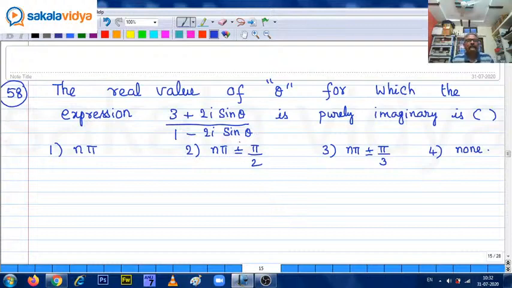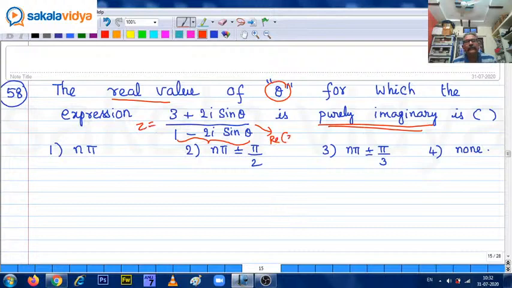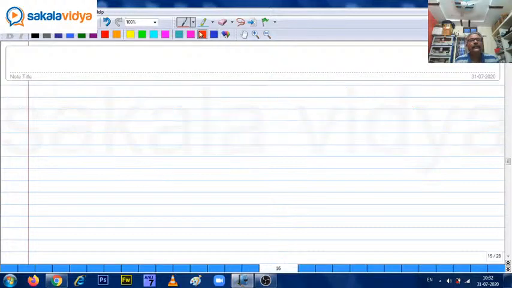So let us solve it now. The real value of theta for which this one is purely imaginary. Purely imaginary means the real part of z should be 0. This is our plan. So let us do it now. 58 solution.